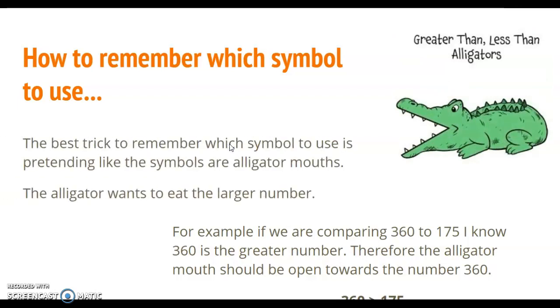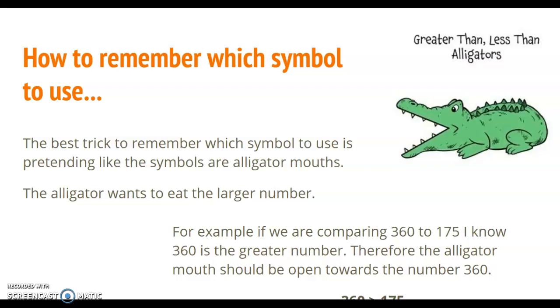Alright, let's talk about how to remember which symbol to use. The best trick is pretending like the symbols are alligator mouths. The alligator always wants to eat the largest number. So over here we have the greater than, less than alligator. For example, if you are comparing 360 to 175, we know 360 is the greater number.